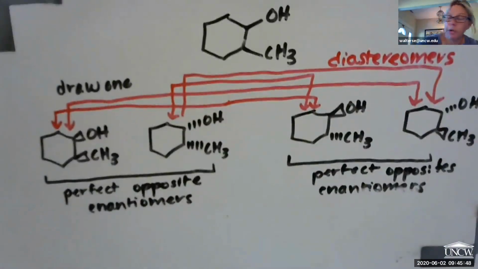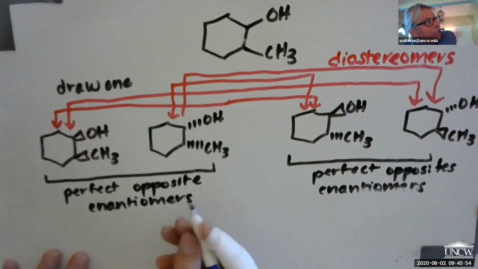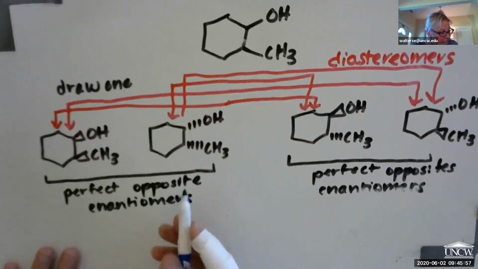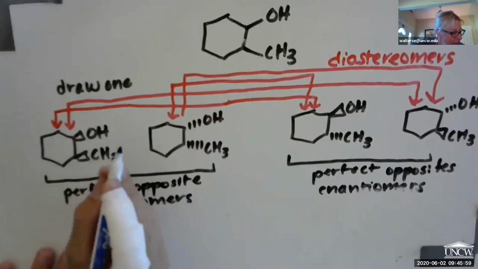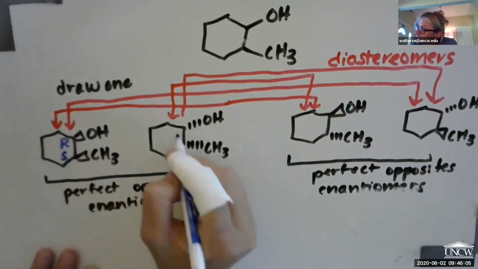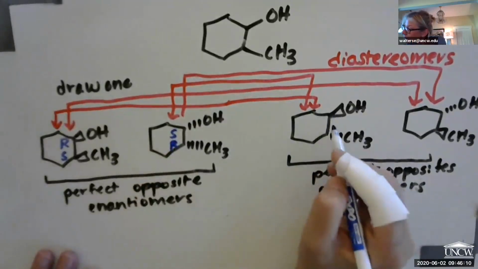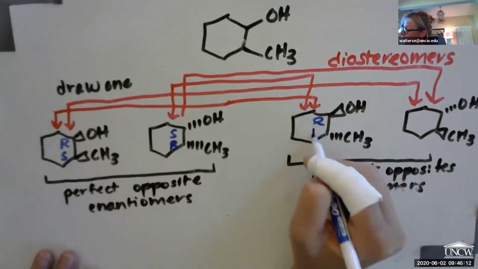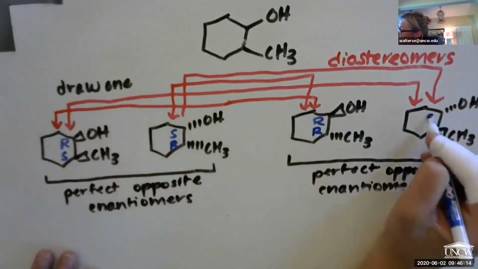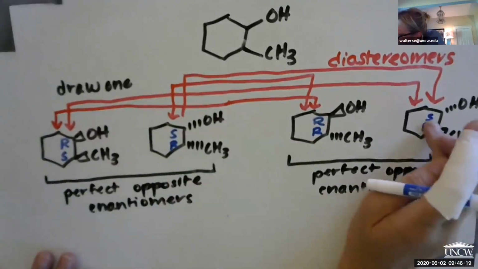Now you can go in, we're not going to put the time in to do this in class, but if you want to do it on your own, it's a good exercise. This is R and this is S. So this would be S and R. R, R, S, R. Wait, no, SS.